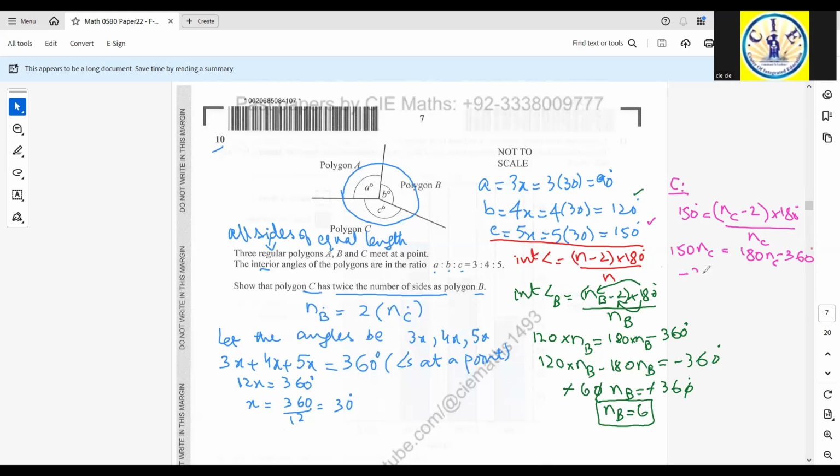So this is negative 30 times n of C equal to negative 360, so n of C is 12. So we observe that the number of sides of polygon C is 12, which can be written as 2 times 6, which is 2 times the number of sides of polygon B. So this is what was required to be proved, that C has twice the number of sides as polygon B.